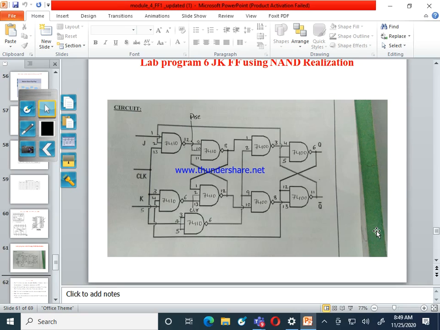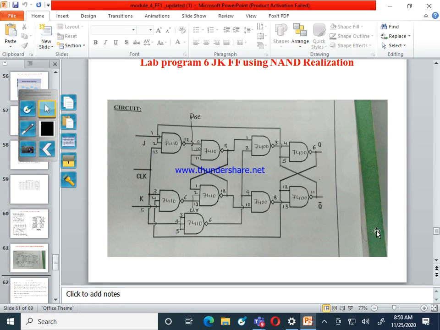For this, I can't predict what the output is. We call this an uncertainty in the output. This problem is called the race around condition. To overcome the race around condition, we use an edge triggered JK flip flop, the JK master slave flip flop. If you do the connection with the JK master slave flip flop, we can avoid the race around condition.